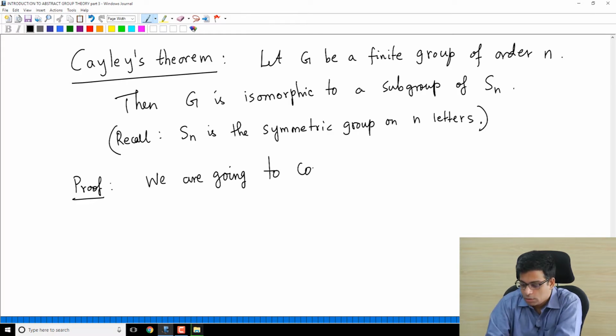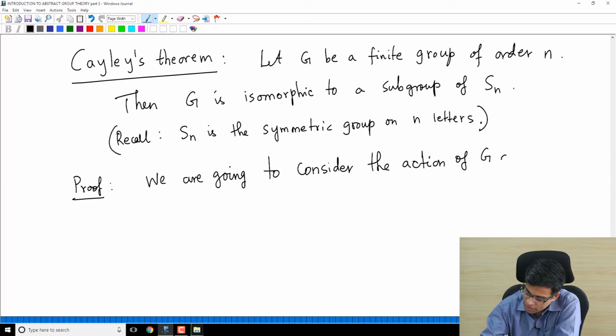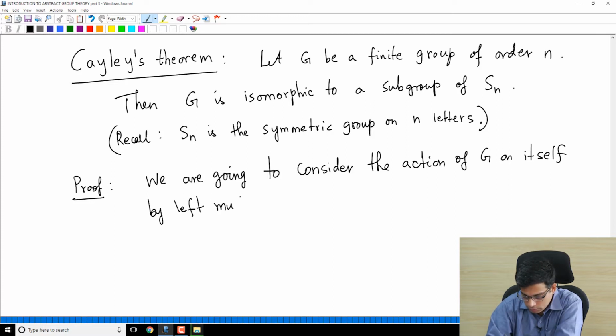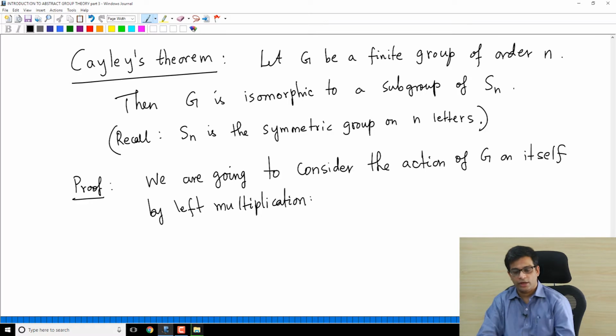So for the proof, we are going to consider the action of G on itself by left multiplication. Okay, so when I defined group actions on a set S, I gave you several examples.